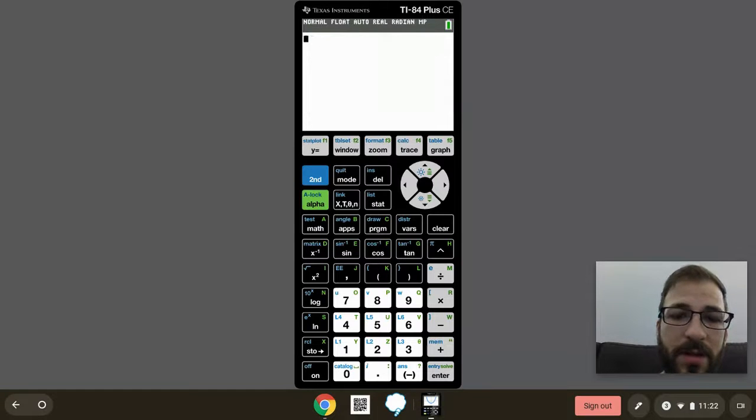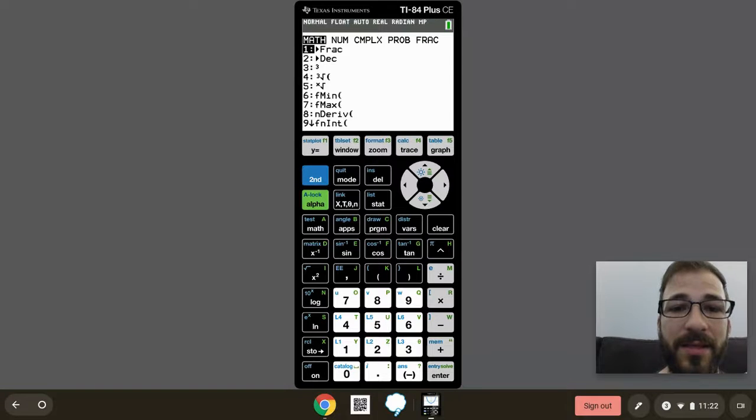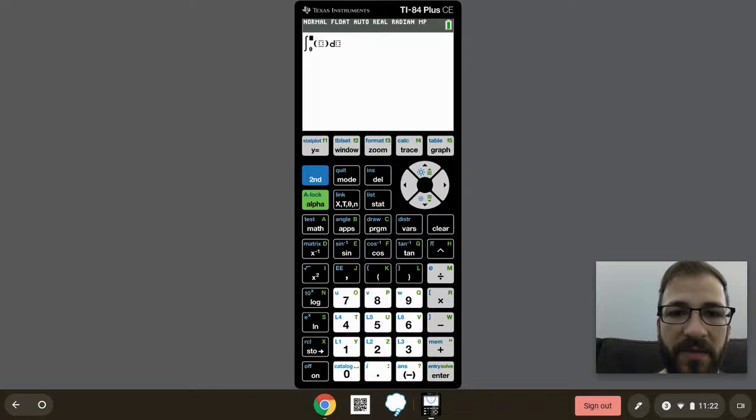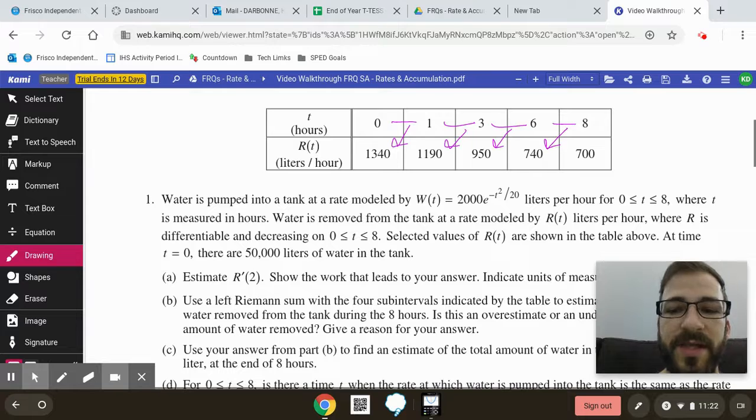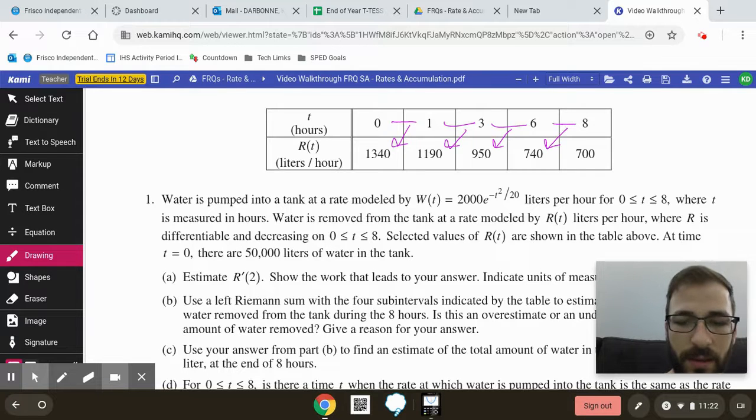So go in here. I hit math, then option 9. So math 9, we're going from 0 to 8. Before that, I can add in my 50,000. So 50,000 less the integral from 0 to 8 of w of t, which is this big old mess, 2,000 e to the negative t squared over 20.